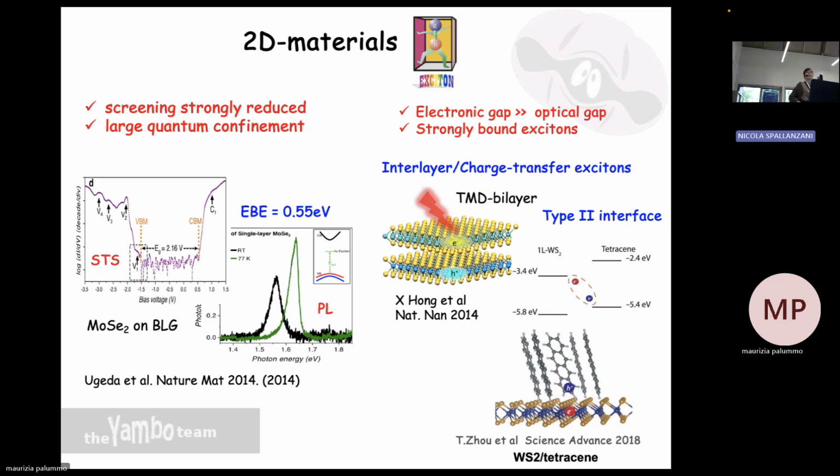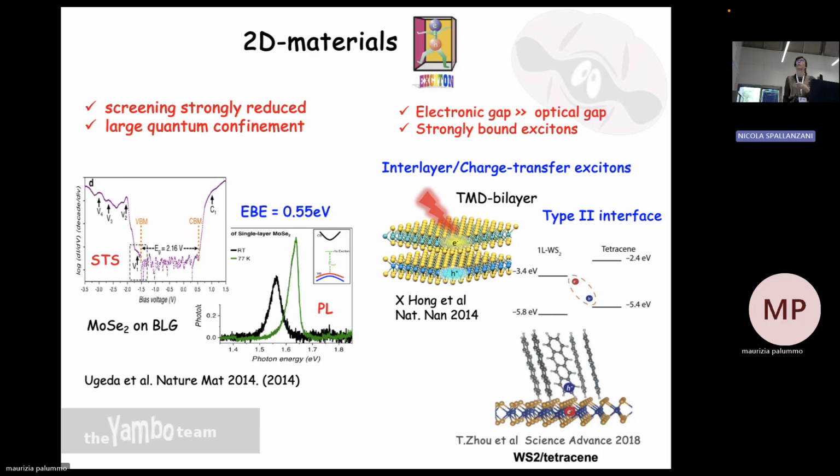This means there is a binding energy of about half an electron volt, and with Bethe-Salpeter you can obtain good agreement with this experimental data. You can also deal with excitons in bilayer TMDs, or charged excitons in organic and inorganic materials.